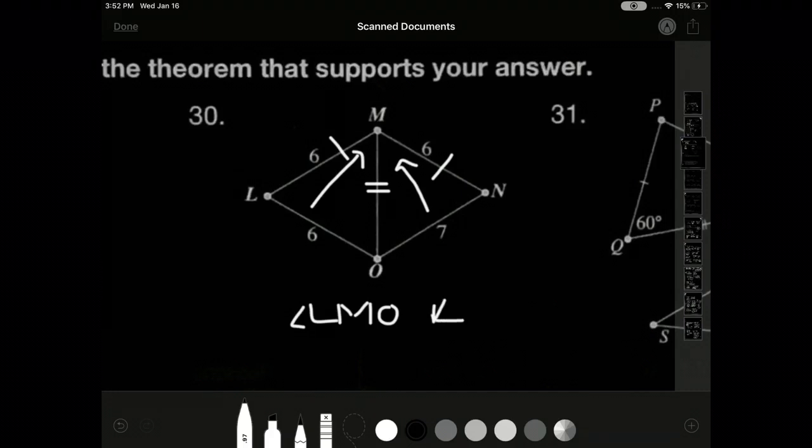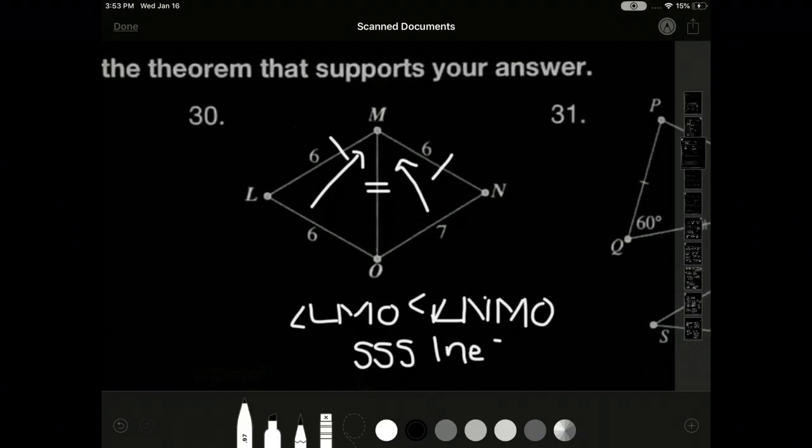Whoops. Forgot my angle symbol. There we go. NMO. And since 7 is bigger than 6, we can say that NMO is going to be greater than LMO. And now this time we had all side information, so it's through side, side, side inequality.